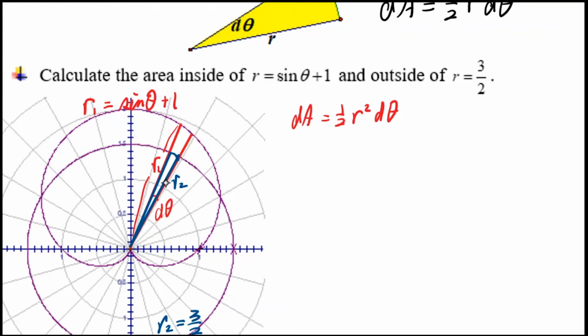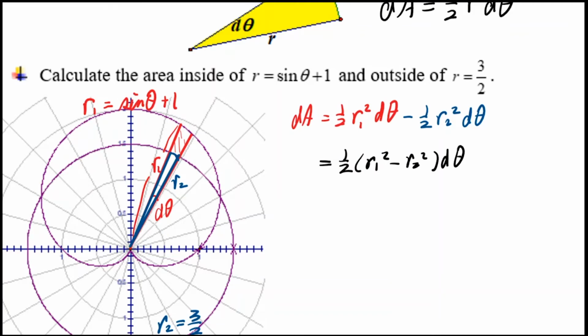So we have to subtract the area of these sectors, because what we really want is that much now, isn't it? Okay, so let's subtract minus 1/2 R2 squared d theta. Are you with me? Okay, neutral color, black. I'm going to factor out 1/2, and then we have R1 squared minus R2 squared.